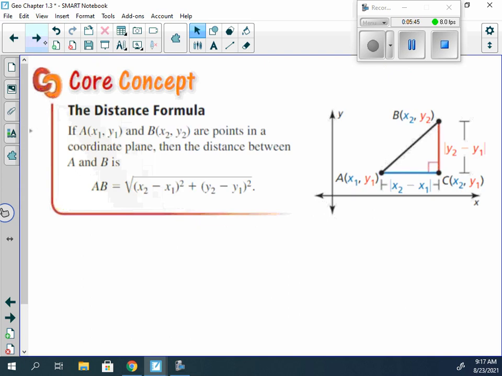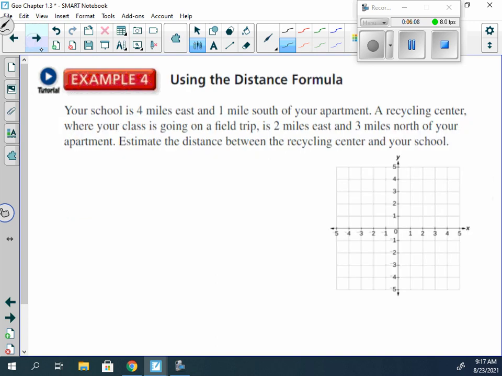Let's look at the distance formula. I believe we started this on Friday, because I have a vague memory that I talked about the fact that this comes from the Pythagorean theorem, and we can use it to find distance. But let's look at it in practice.